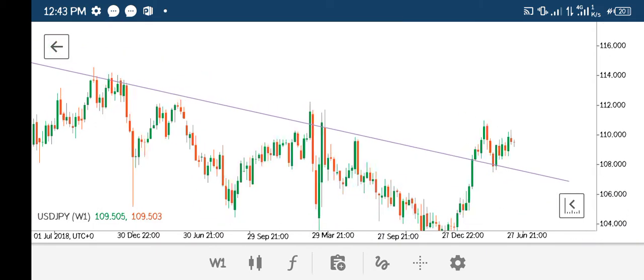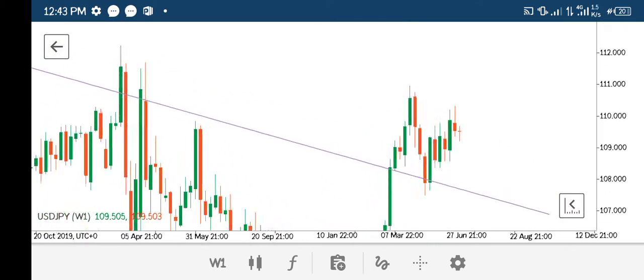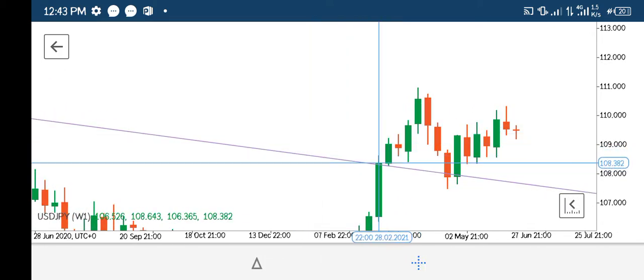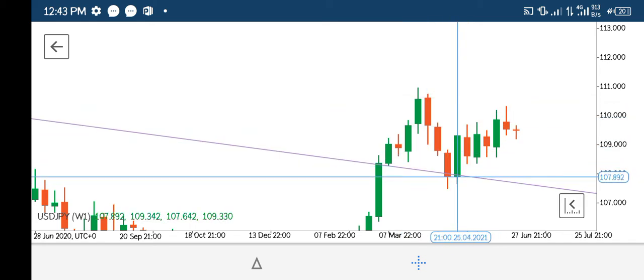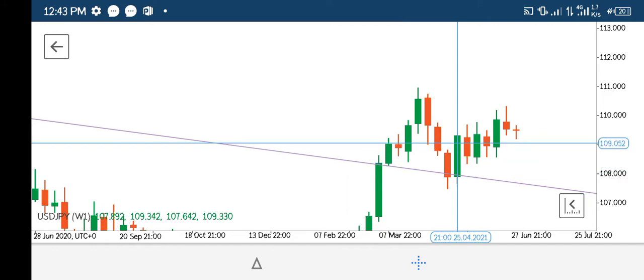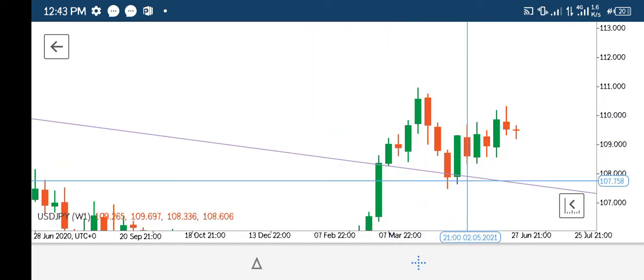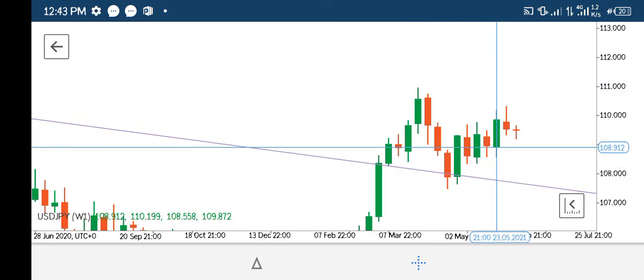So we consider that a fake out. And we have another here. You can see a breakout here, and then a breakout at this point. It moved up to this point, and boom, it retested this point. And here we can see a long bullish candle indicating that the retest has been achieved and there could be a possible movement to the upside.